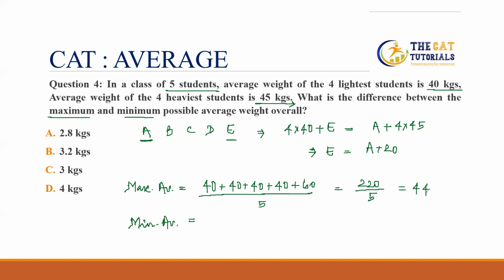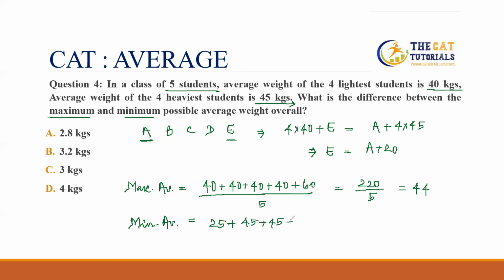Now we have to find the minimum average. How can we find it? We can find the minimum average by keeping E at the minimum level. So we have to minimize E, and we can take 45 as the minimum value of E. If E is 45, then A will be 25, and the others are 45 plus 45 plus 45.